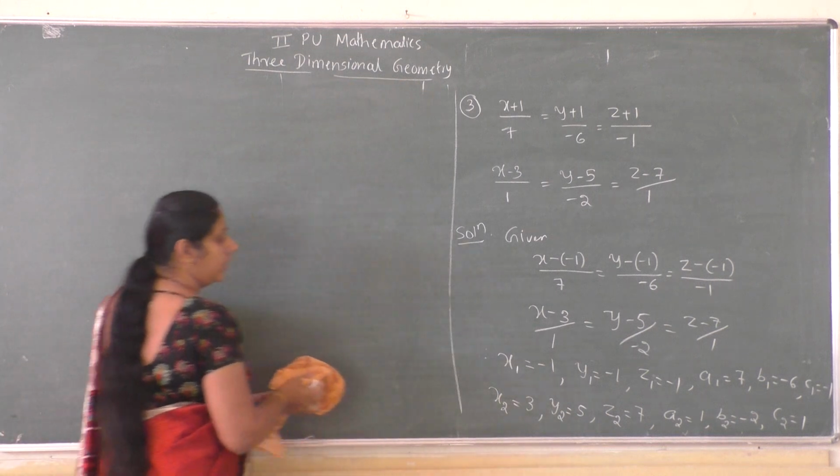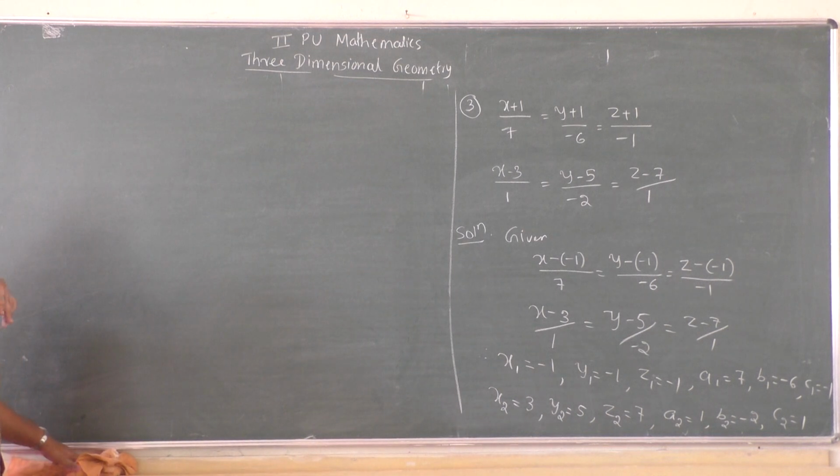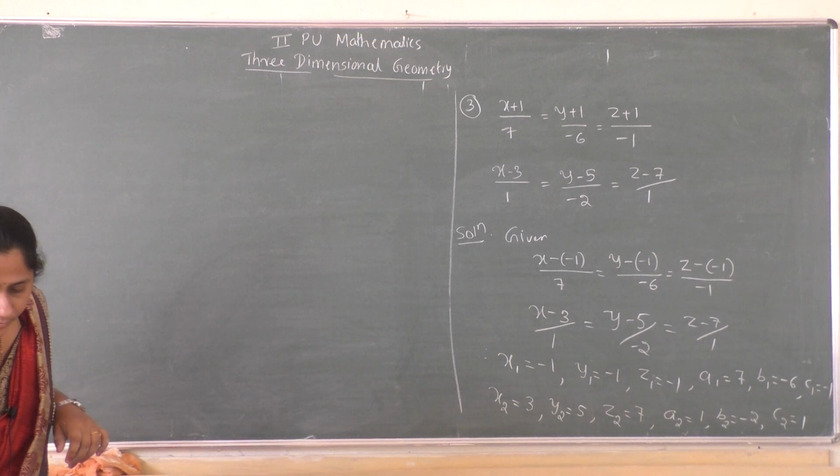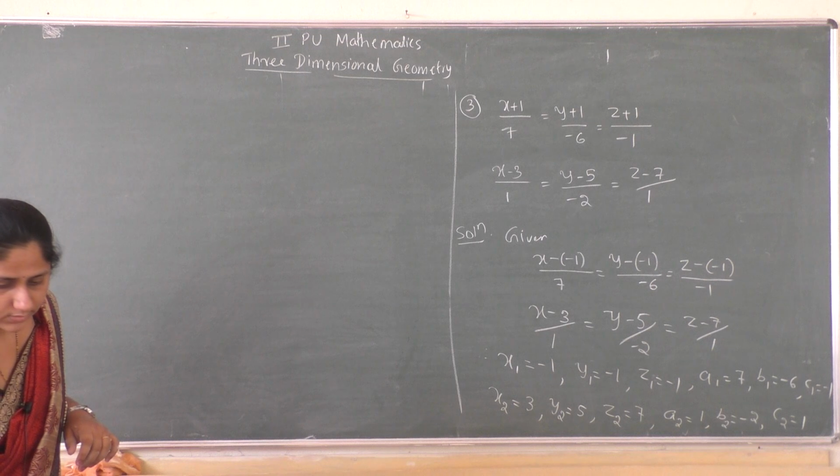Now you can find the shortest distance between them, but before that you have to find the values, right? What is the formula we have? First write the formula once.